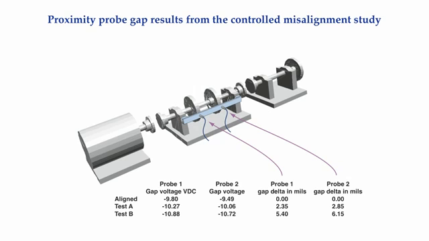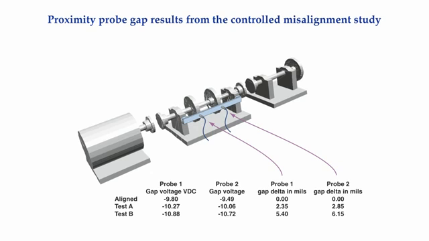With the 200 millivolt per mil sensitivity, the resulting gap change at probe 1 was 2.35 mils, and at probe 2, 2.85 mils, with the balance discs moving away from the probes.